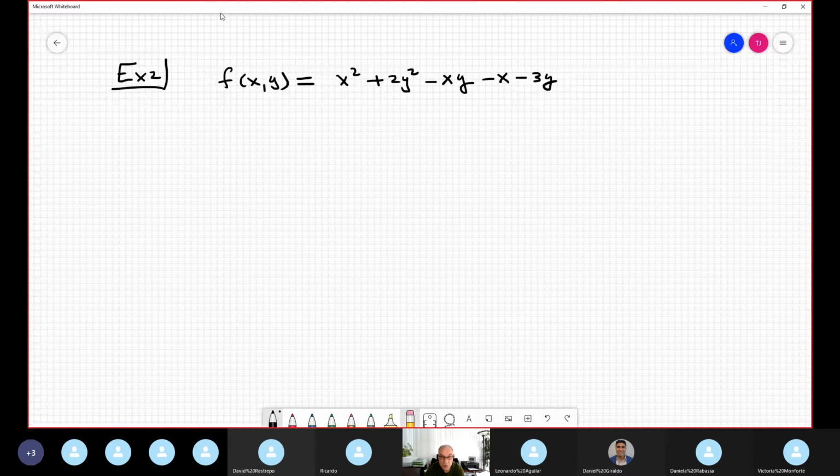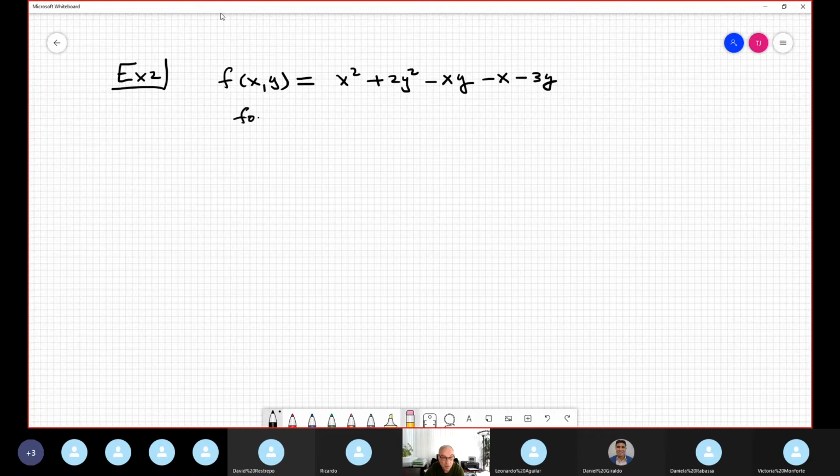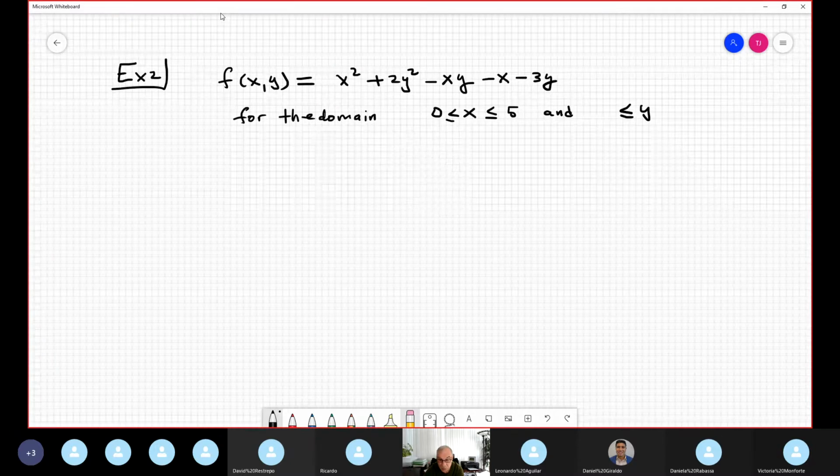But this function has restrictions, constraints, and the domain: x varies from 0 to 5 and y varies from 0 to 3.